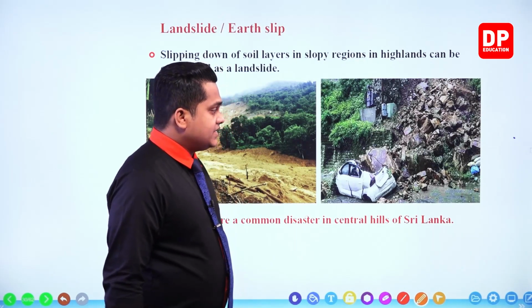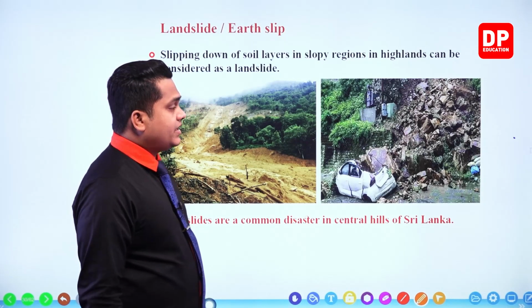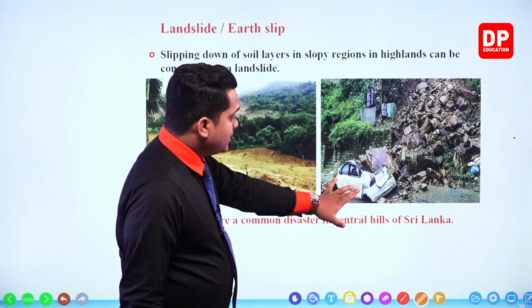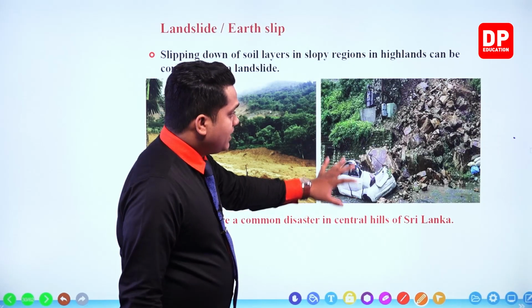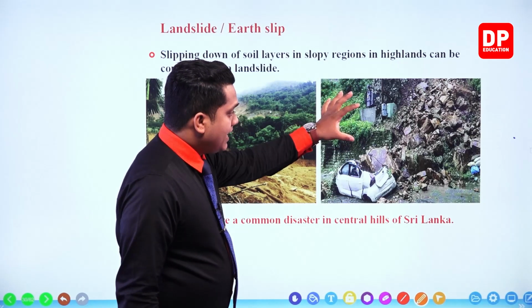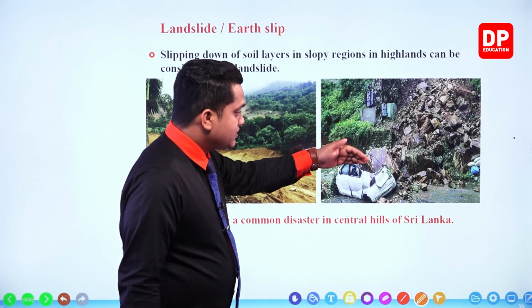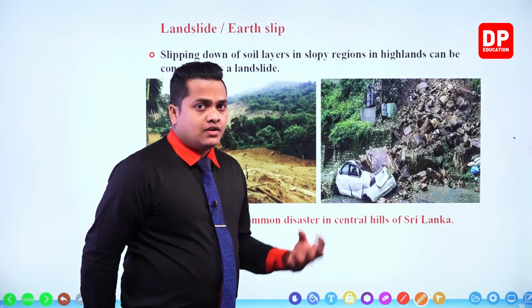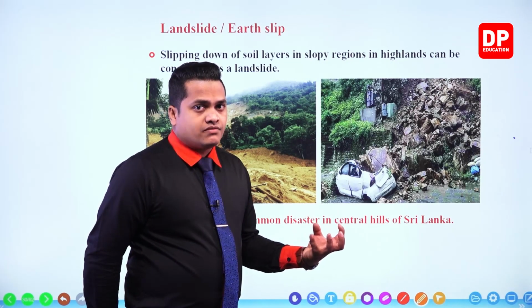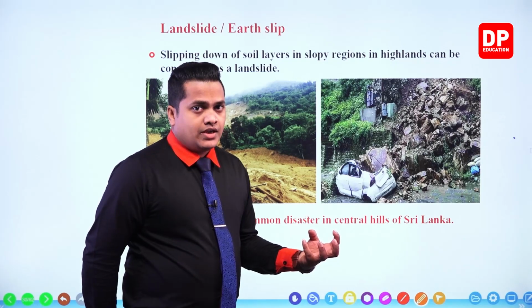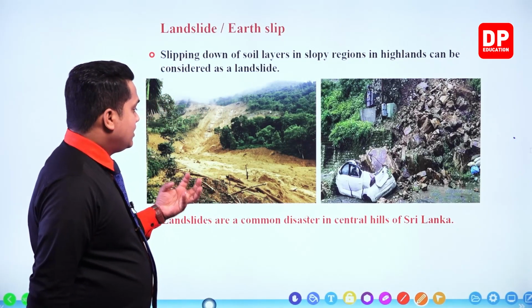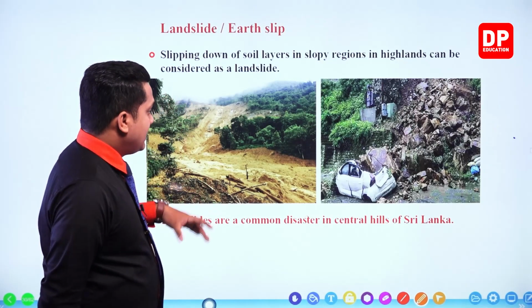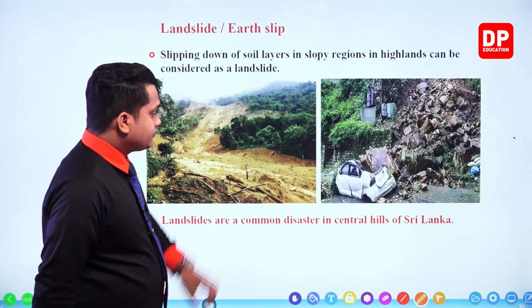As you can see here, my dear children, it's a very dangerous incident. Within this figure, there's a motor vehicle, and that particular mountain has slipped down towards it, mainly because of the wetness of the soil. Here also, the muddy water with the soil layers is coming down.